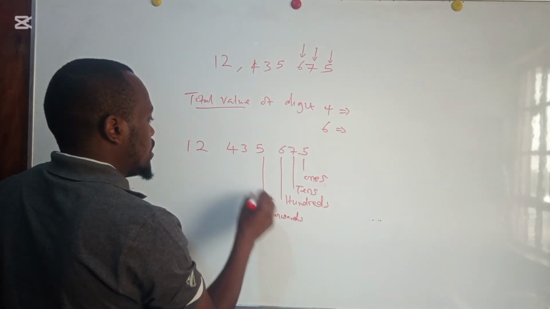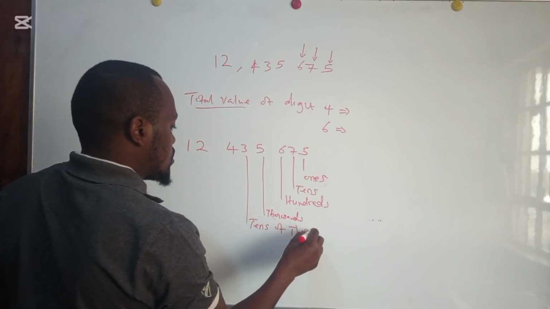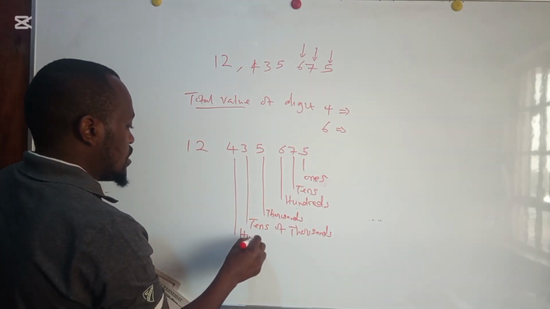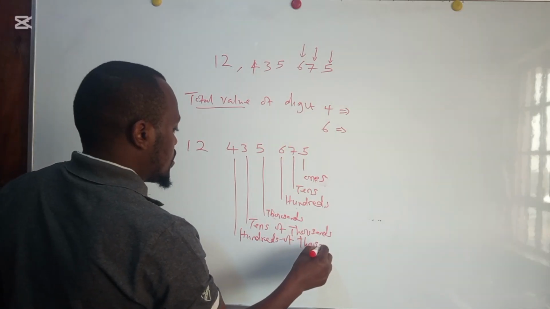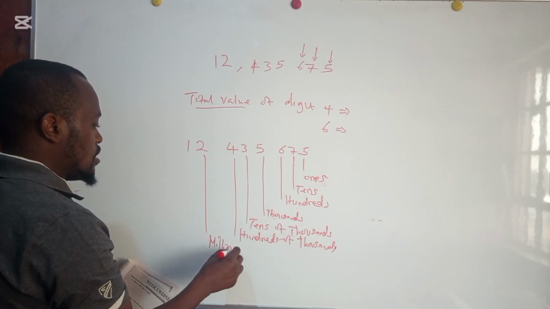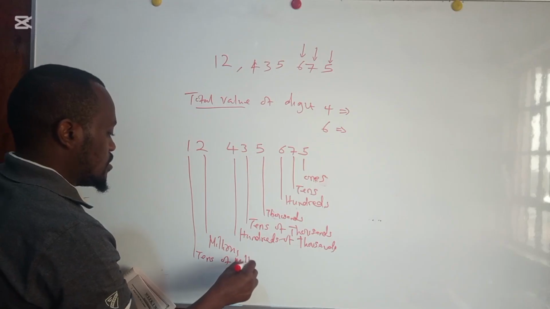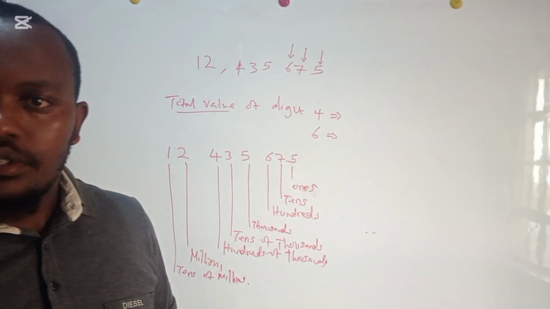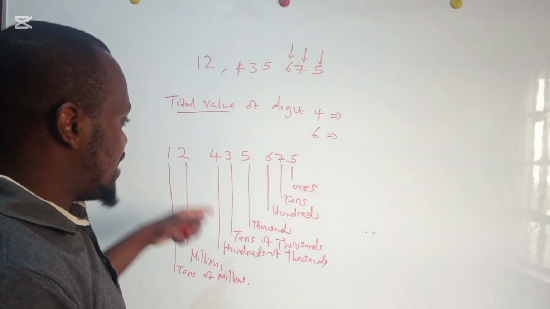This is tens of thousands, this is hundreds of thousands, this is millions, and this one is tens of millions.